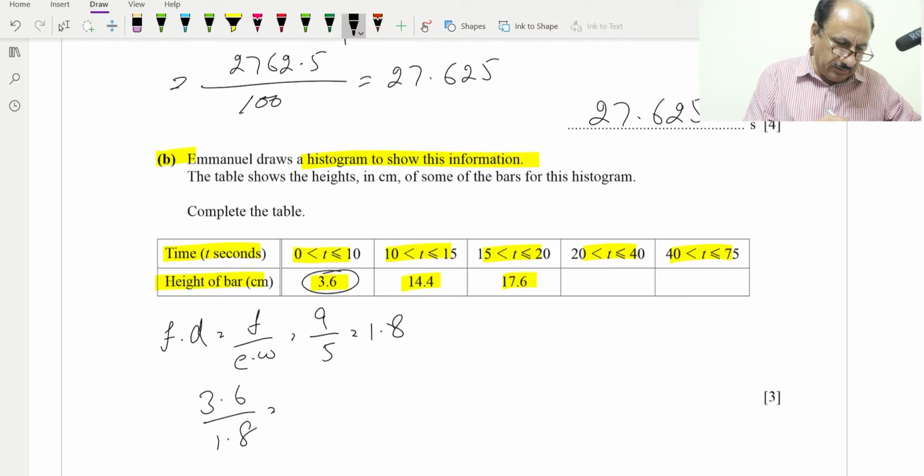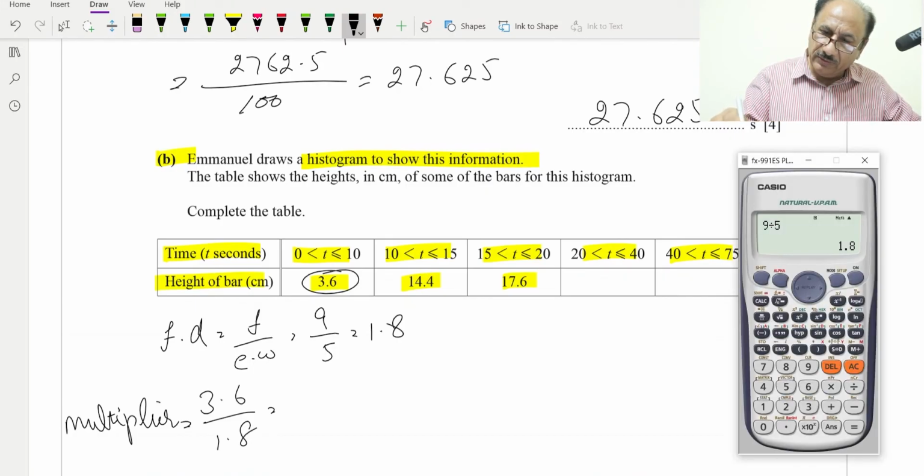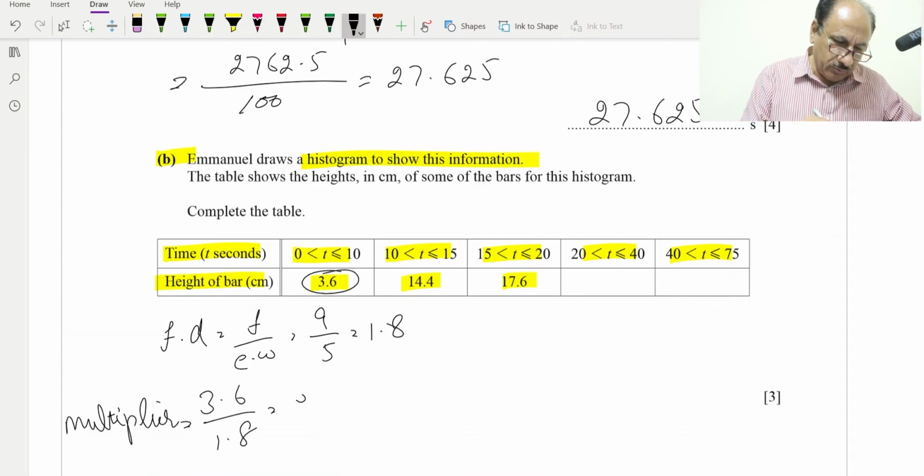We can write like this. So this will be the multiplier. Now 3.6 divided by 1.8 will be equal to 2. So we got 2 as the multiplier.